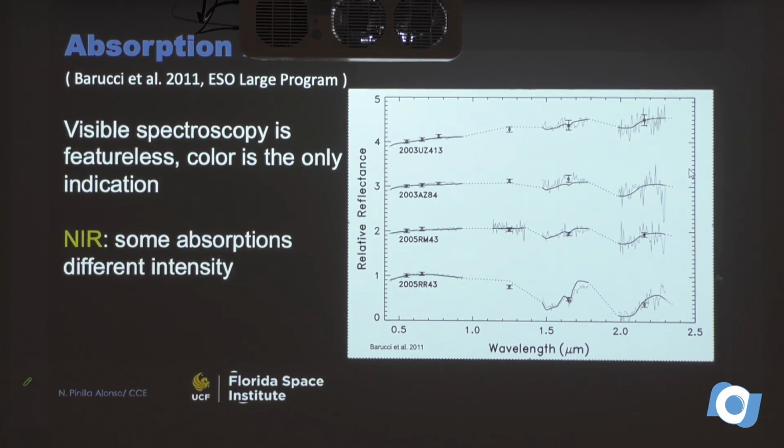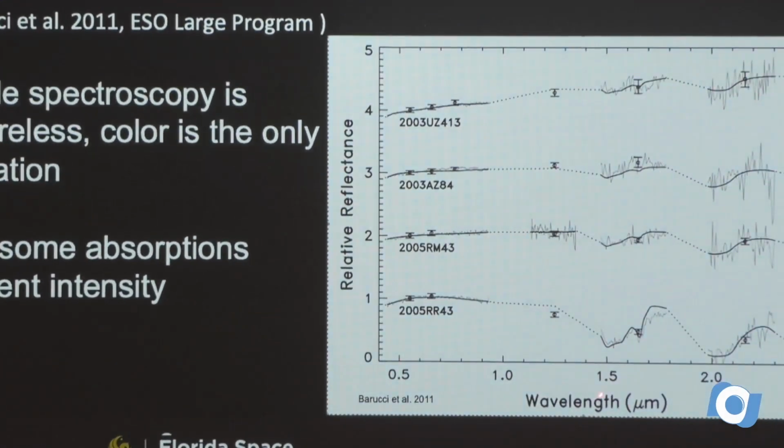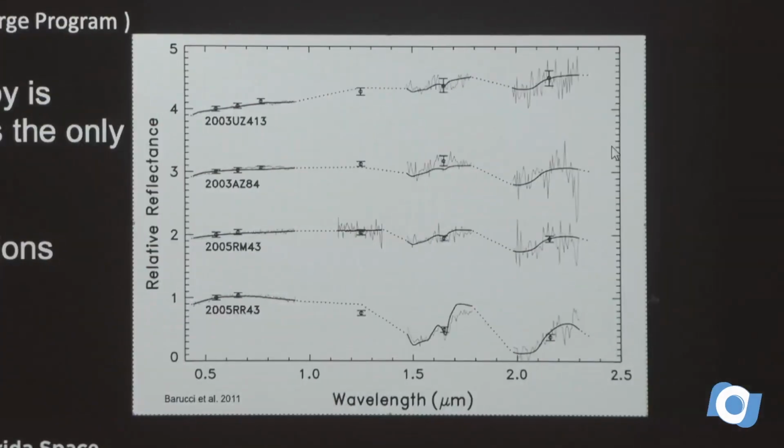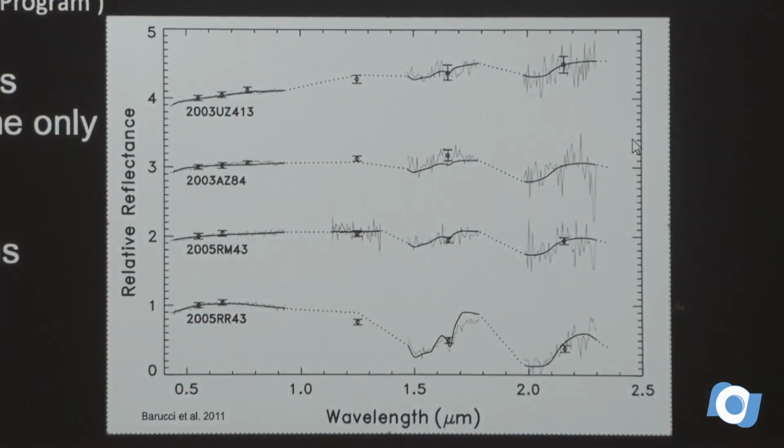Which is the information that we have here, basically? The color, again, can be different from very neutral to reddish to red. But there are also these absorptions here that we see in all these four objects. These absorptions are interpreted using laboratory data as water ice.